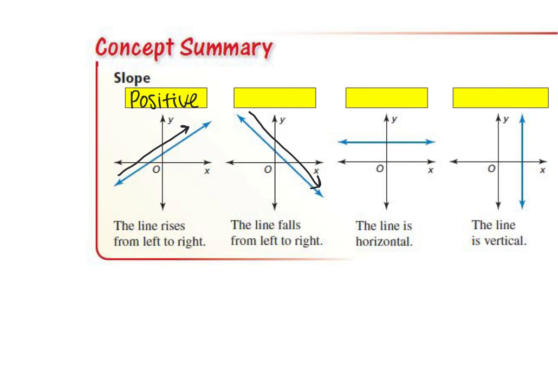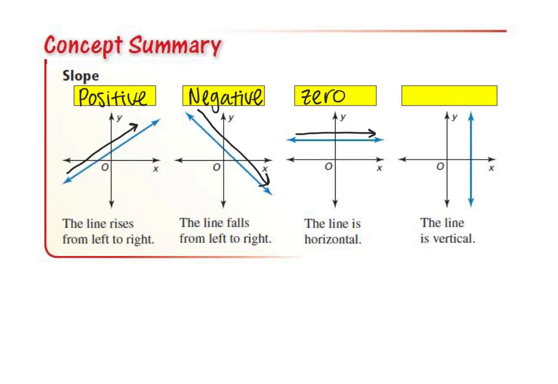What kind of slope is that? Brady? Negative. If it's a horizontal line, what do we know about the slope of this line? Nick? 0. And if the line is vertical, what do we know? Aya? Undefined.